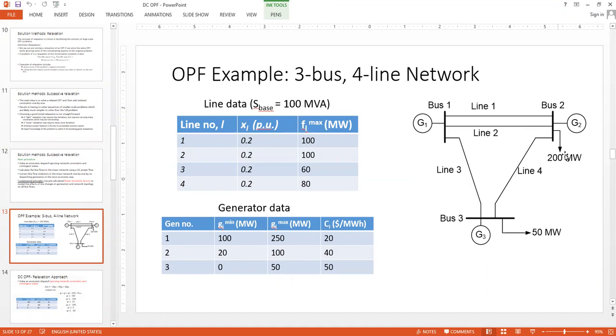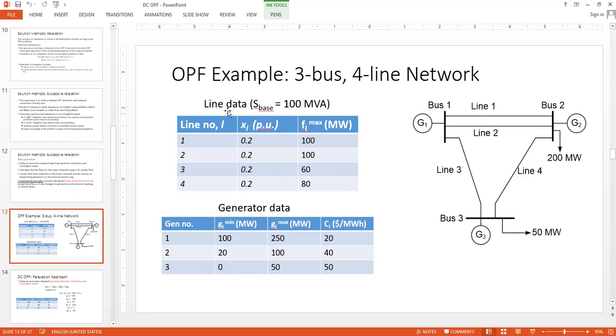Okay, there is no reactive power consumption data given. So it is a 3 bus, 3 generator system, and it is a 4-line network. By 4 lines, between bus 1 and bus 2 there are 2 parallel lines. Bus 1 and bus 3 are connected by line 3, and bus 2 and bus 3 are connected by line 4.